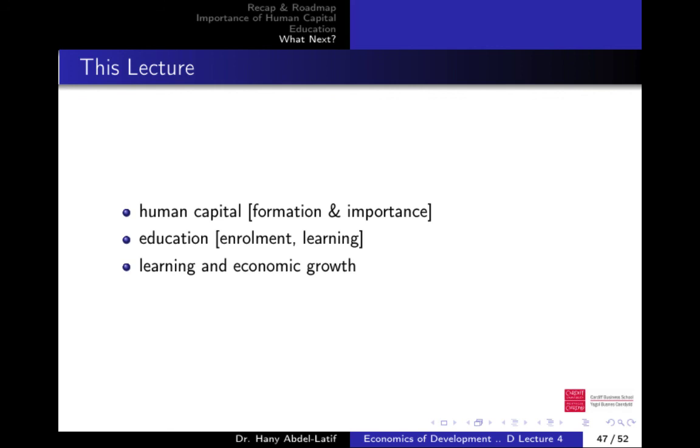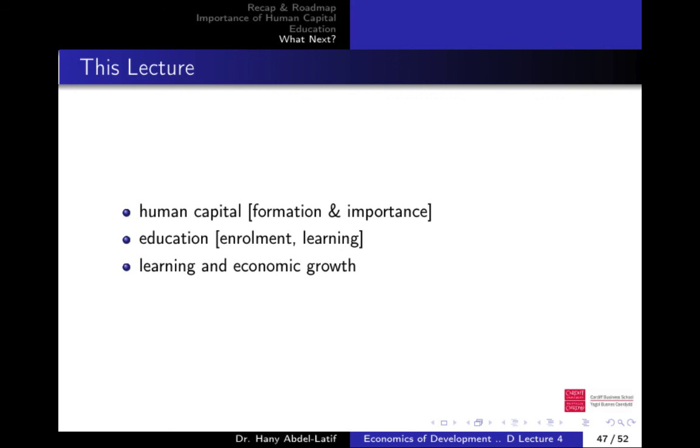Obviously, this is something we would expect: more or better quality education should lead to economic growth. So there are no surprises today. We just show more recent evidence about what we would expect. Learning is important for growth, or the quality of education is very important for economic growth.